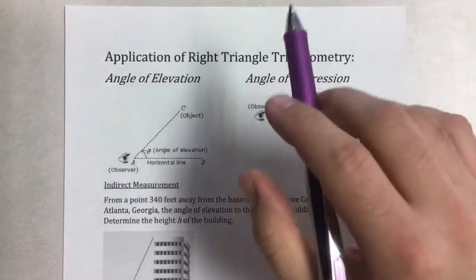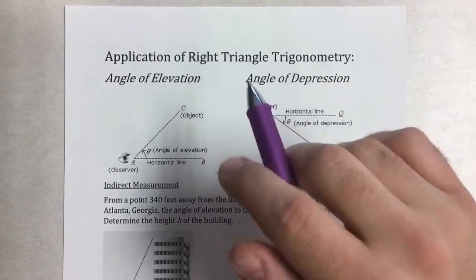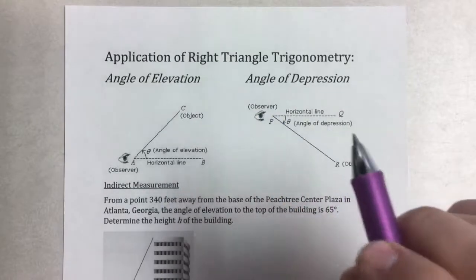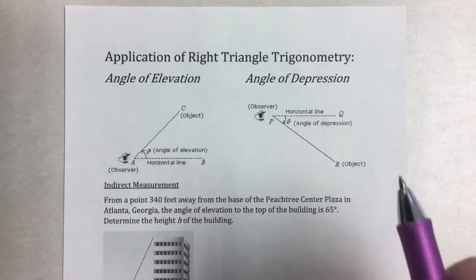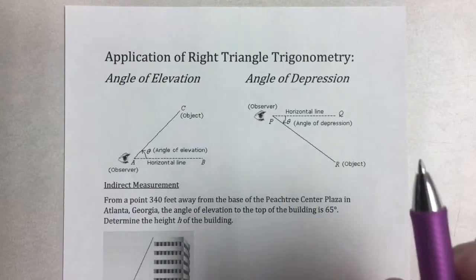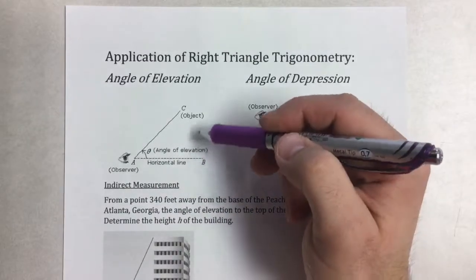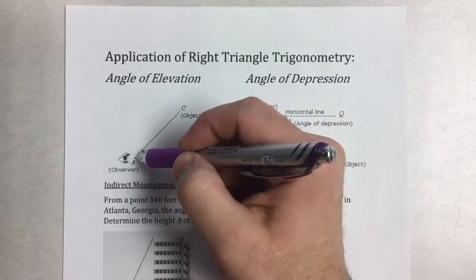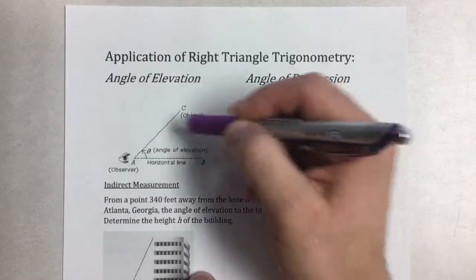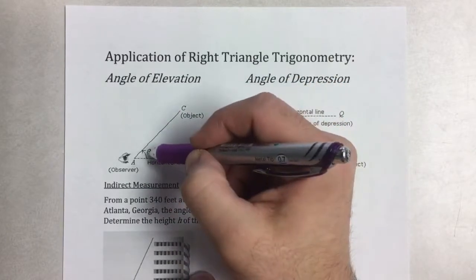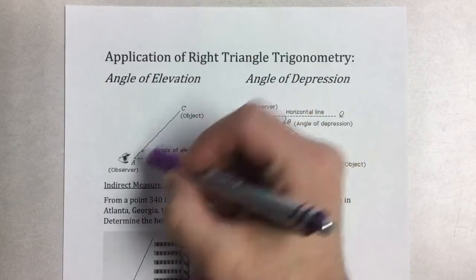So angle of elevation, the best way I can explain it to you is that it is the degree that you have to look up at something. We see in this diagram here, we're going to have a horizontal line in every single situation. So it is the degree that we look up towards our object.